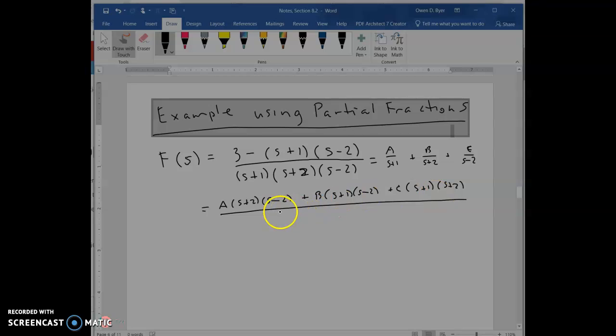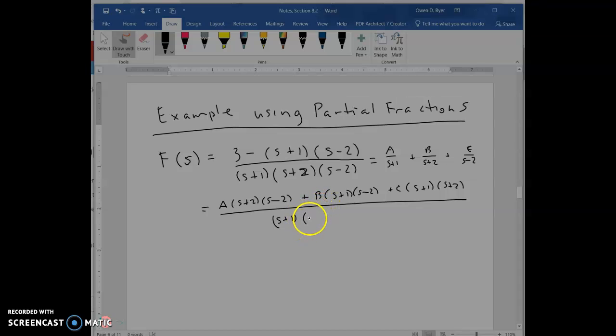And that's all over our common denominator of (s+1)(s+2)(s-2). And on the left-hand side, we still have our F(s), which is also over that same (s+1)(s+2)(s-2), and the numerator is this 3 minus (s+1)(s-2).